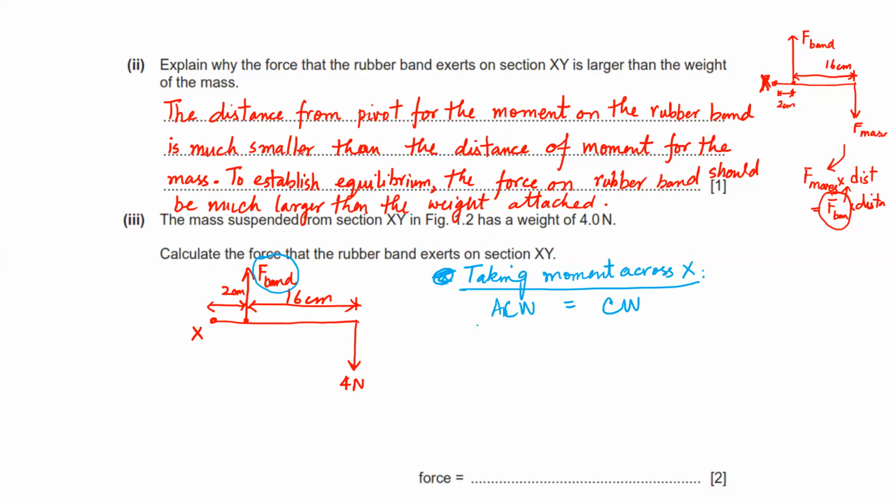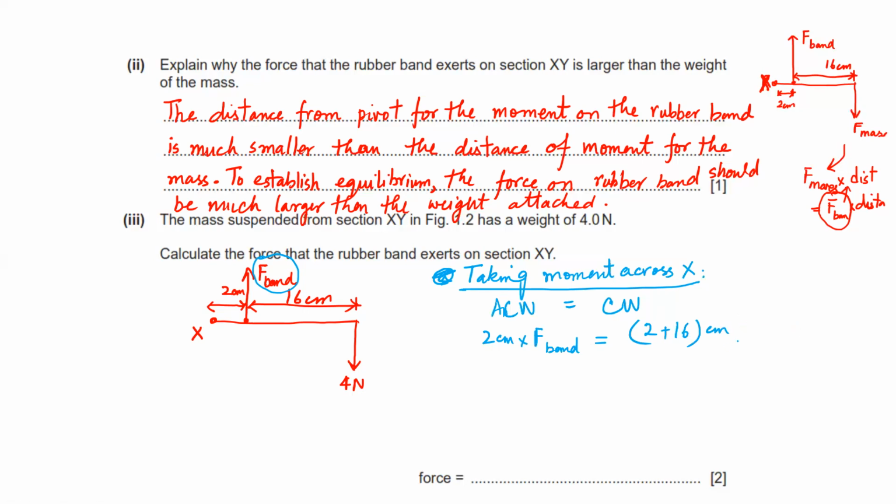The anticlockwise moment is 2 centimeters multiplied by the force on the rubber band. And this is equal to the clockwise moment, which is 2 plus 16 centimeters multiplied by 4 newtons of force.